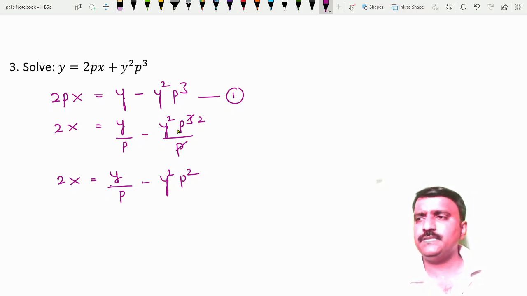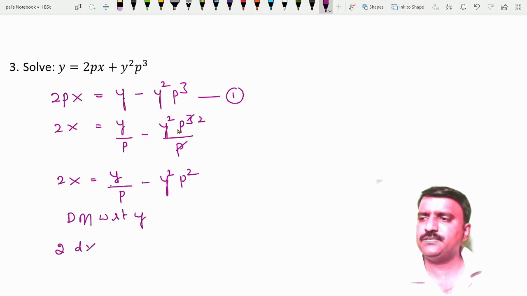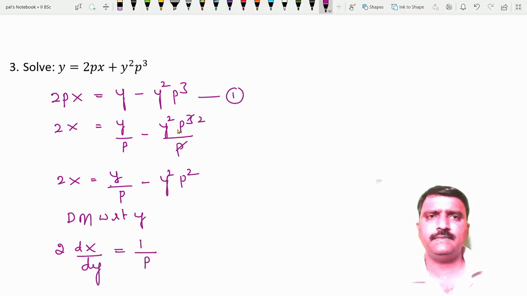Now you differentiate this with respect to y. Okay. So now it is 2 into differentiation of x with respect to y, which is dx divided by dy, is equal to differentiation of y, which is 1. So differentiation of y is 1, and keep this 1 by p as it is, plus similarly keep y as it is, differentiate 1 by p with respect to y.